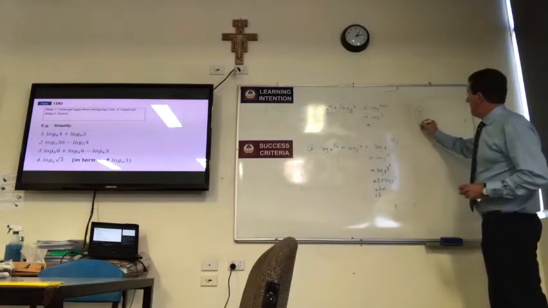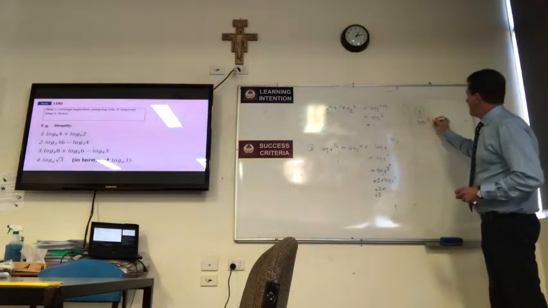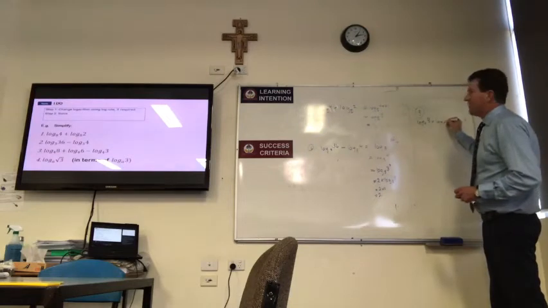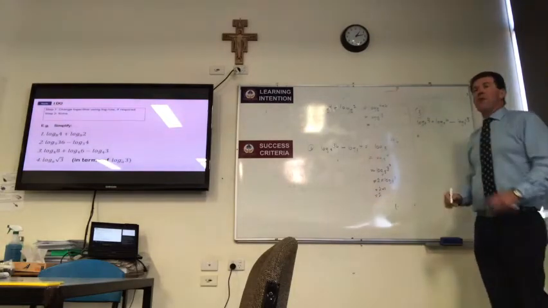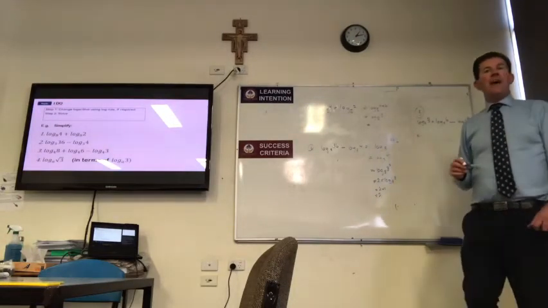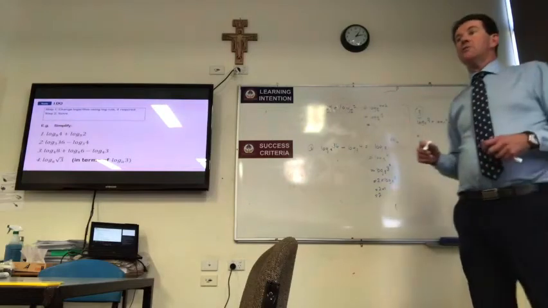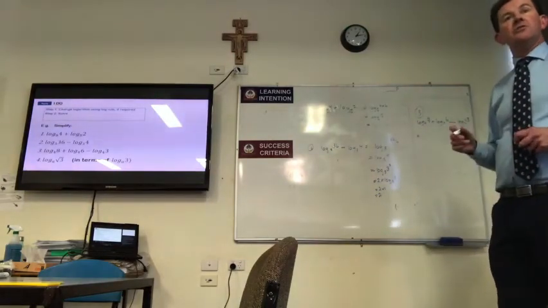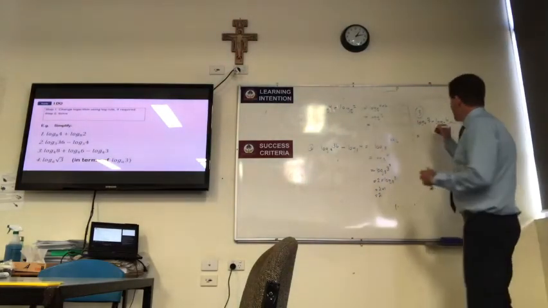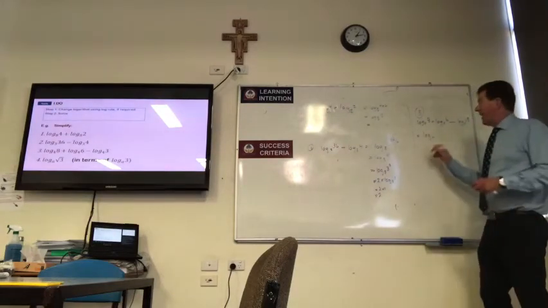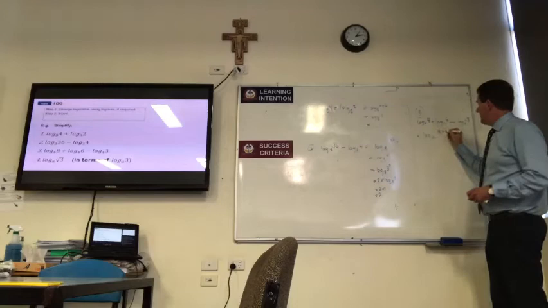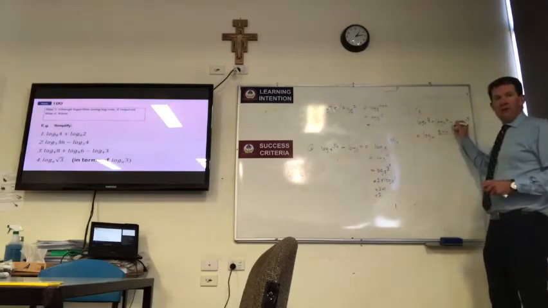All right, so I have log base 4 of 8 plus log base 4 of 6 minus log base 4 of 3. When I add logs, I times; the minusing of logs, I divide. Since they've all got the one base, I can go straight into multiply, so 8 times 6 over, because a minus, divide by 3.